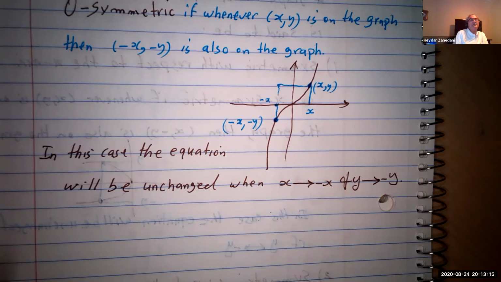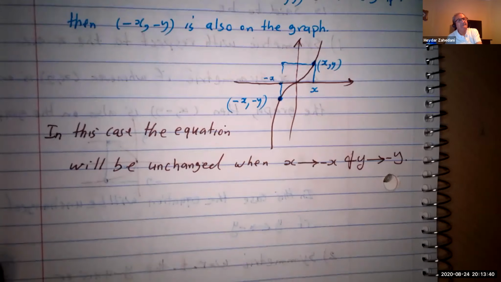You can have symmetry with respect to some other special lines, but not in this course. You are not going to have trigonometric functions like sine, cosine, tangent, secant. If you see them in the next course, these properties are going to be very useful, but we are not going to use them here.